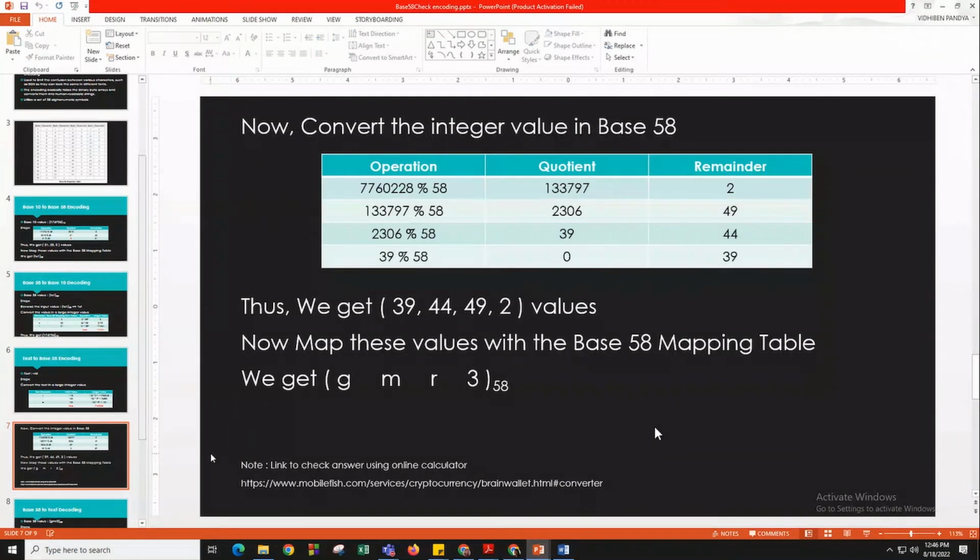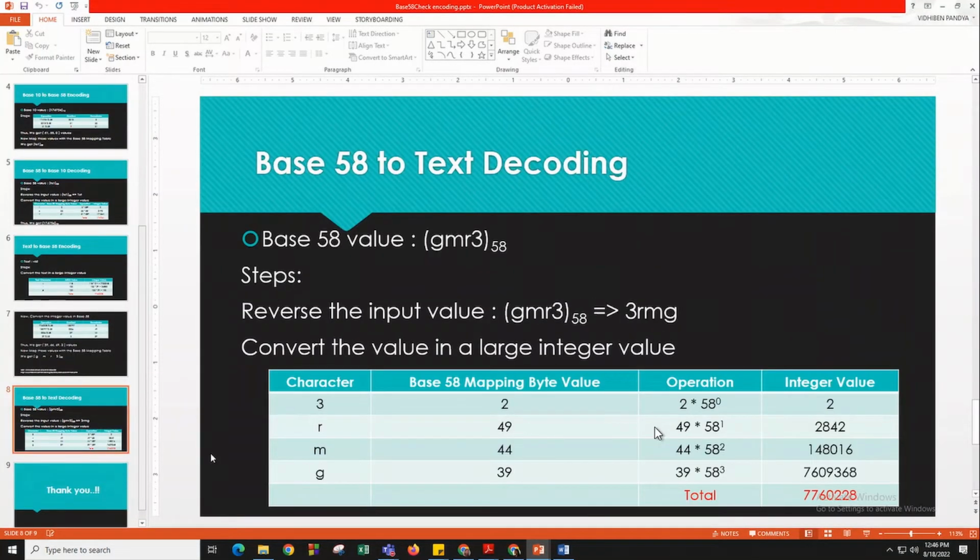Now we are going to see the decoding process. Decoding requires a particular program, because in this we are not able to get the exact characters directly. You need to solve the problem.